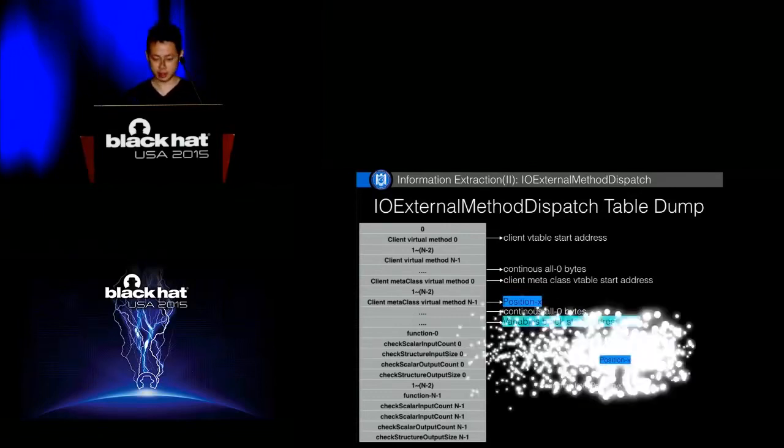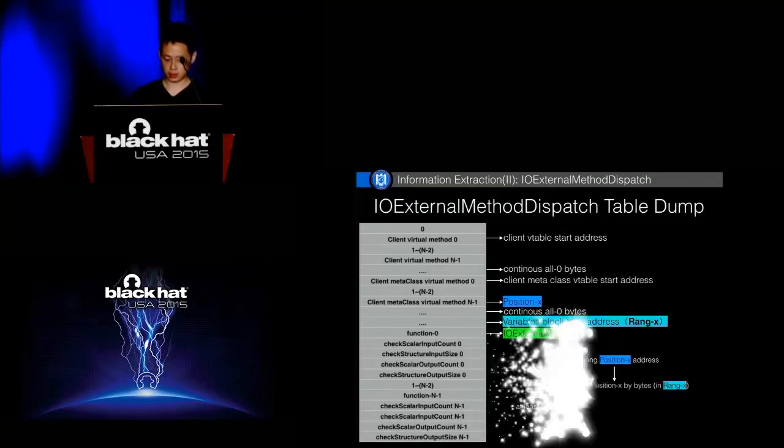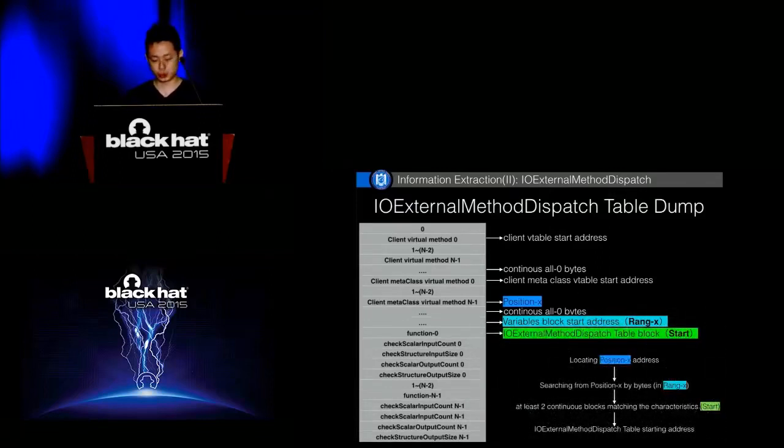Then we search from position S byte by byte to match the characteristic. If at least 2 continuous blocks matching the characteristic are found, then the first block's starting address is the dispatch table starting address. Then we dump the whole table and stop when one block does not match the characteristic.